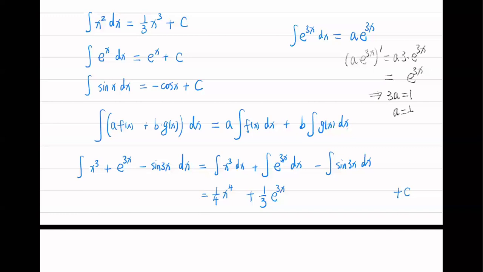Okay, Zichen, last one. Guess one. Let's guess a formula.